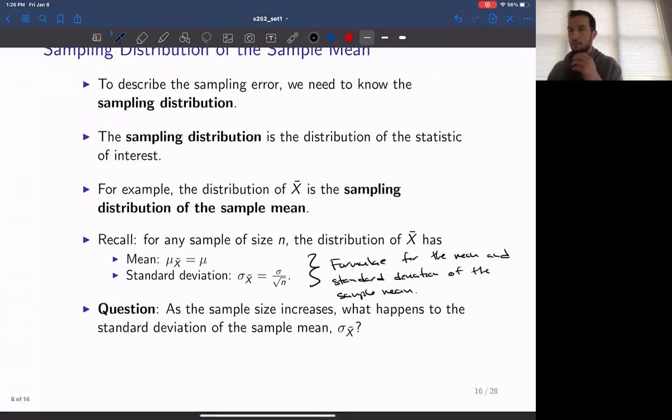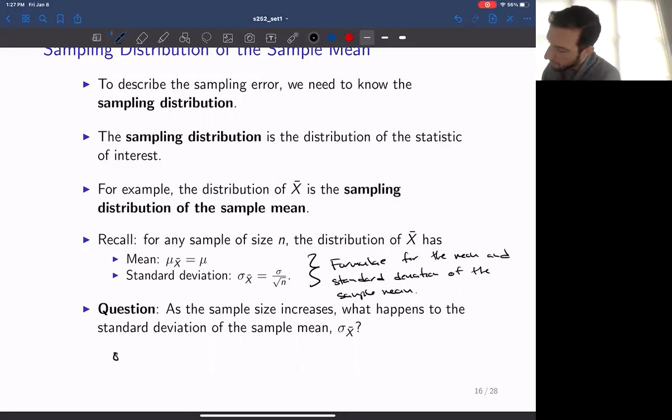All right, so what we have established right now is that the sampling distribution of the sample mean has two parameters associated with it, the mean and the standard deviation, which we call mu subscript x bar and sigma subscript x bar. What we can observe is that as sample size increases, the standard deviation gets smaller, right?